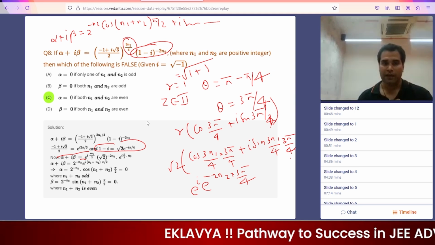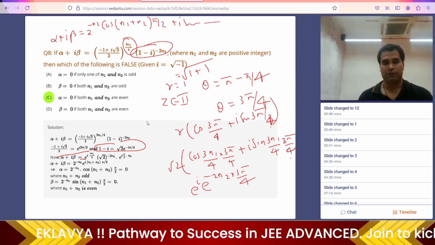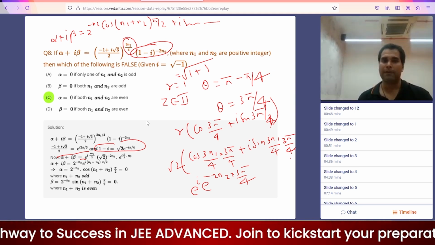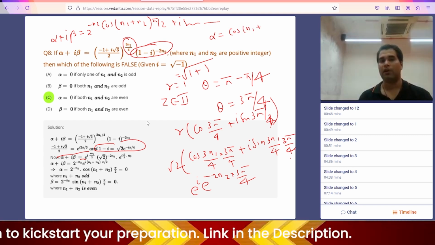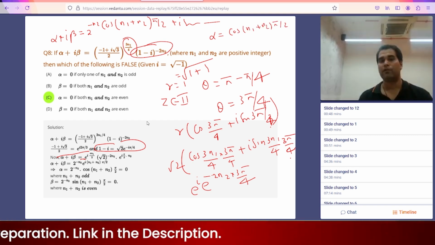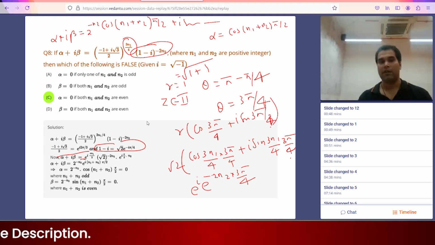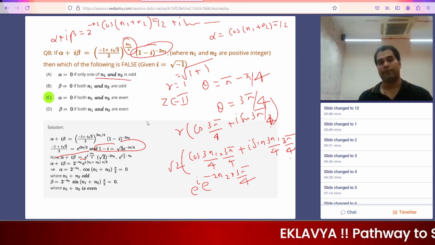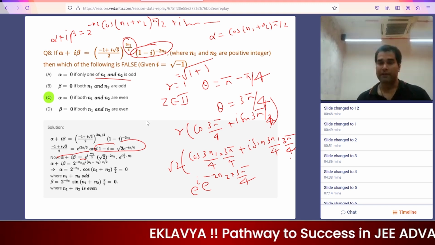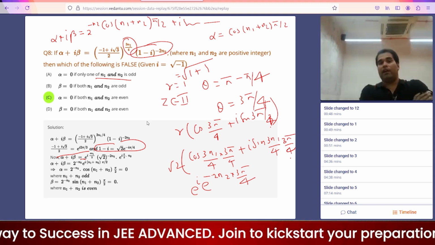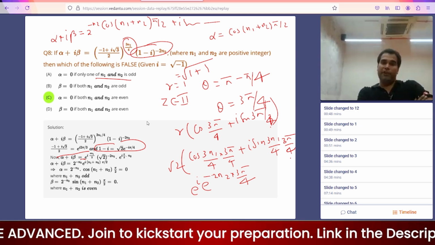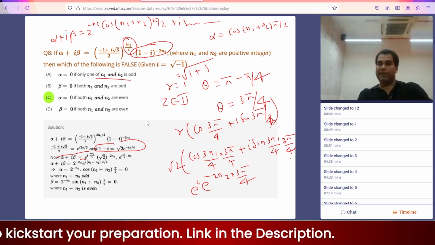Now, which of the following is false? Alpha equal to 0. Alpha means real part. Here real part alpha is cos of (n1 plus n2) pi by 2. If n1 and n2 are both odd, yes, as we know that in cosine, an odd multiple of pi by 2 is 0.